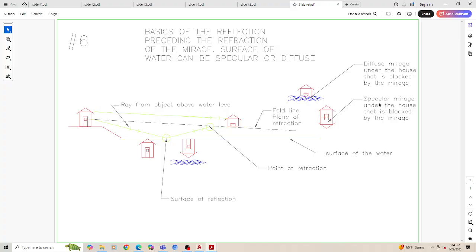Okay, you're also going to see another scenario which isn't drawn here right now, but as this event, this fold line or plane of refraction, exists at great distance, all of these angles change.